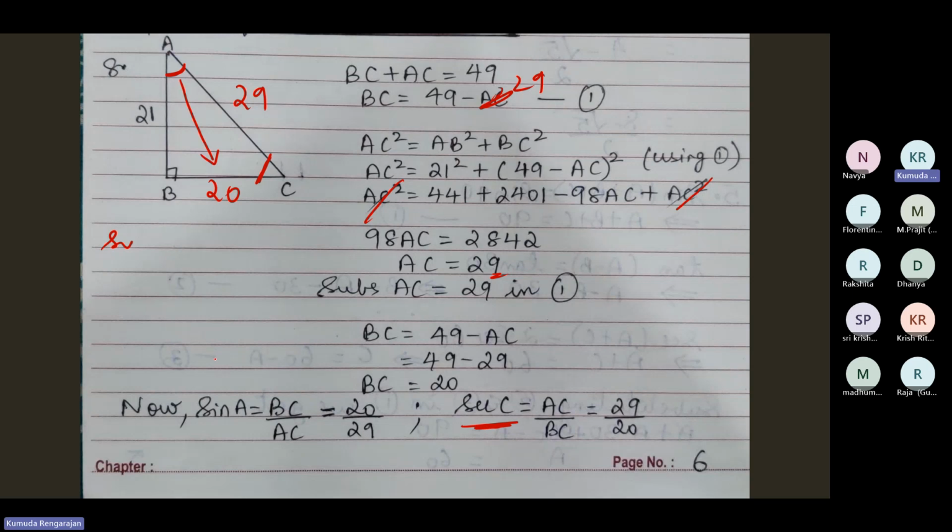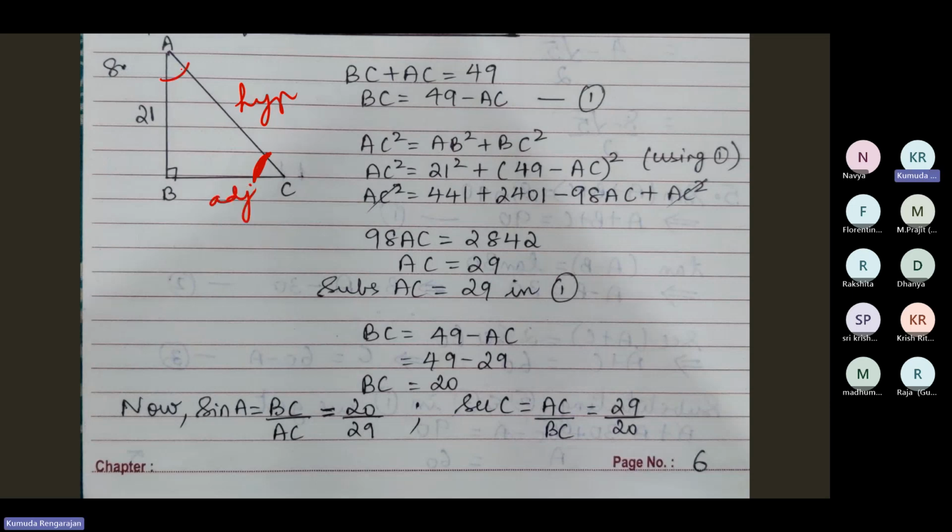Secant of this angle. Secant is a reciprocal of cos. Cos is adjacent by hypotenuse. So secant is hypotenuse by adjacent. Secant of angle C, hypotenuse by adjacent. For angle C, this is the hypotenuse, and this is the adjacent side.